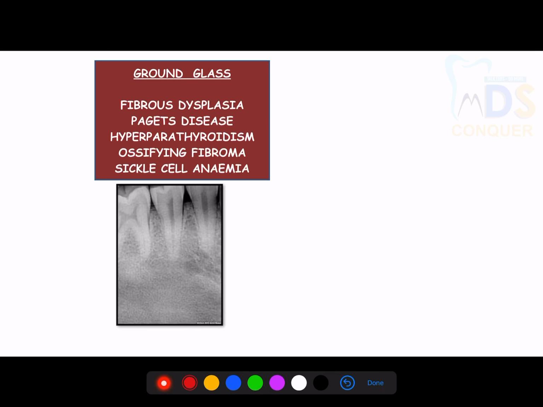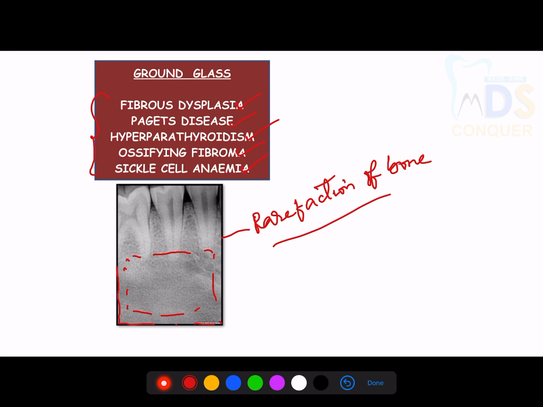Coming to the ground glass appearance, you can see here a ground glass appearance of the cortical bone, and you can see this in fibrous dysplasia, Paget's disease, hypoparathyroidism, ossifying fibroma and sickle cell anemia. Remember these five important diseases in which you can see the ground glass appearance, which is nothing but the rarefaction of the bone.